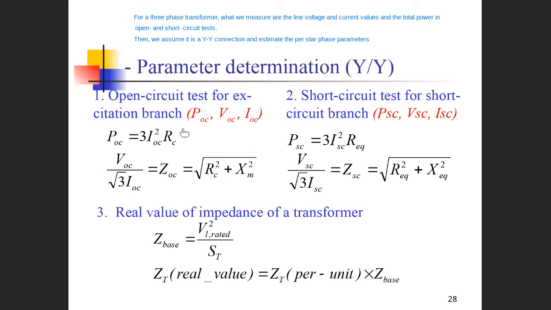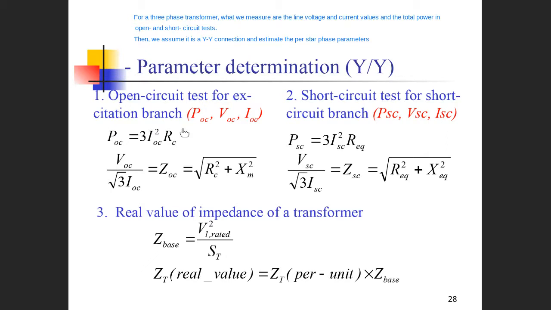Generally, for a three-phase transformer, when doing the open circuit test, we make the high voltage side open, because the voltage required is very, very high and we have no such source.